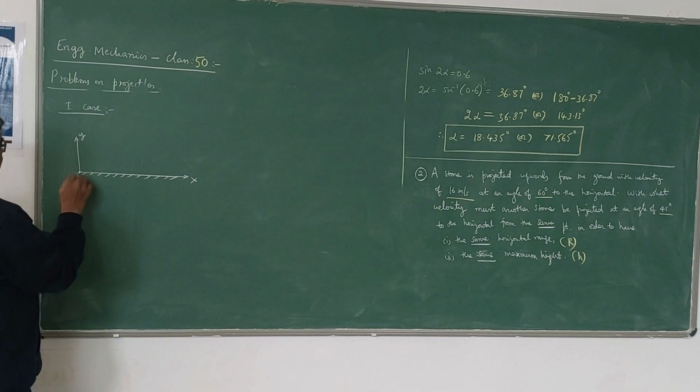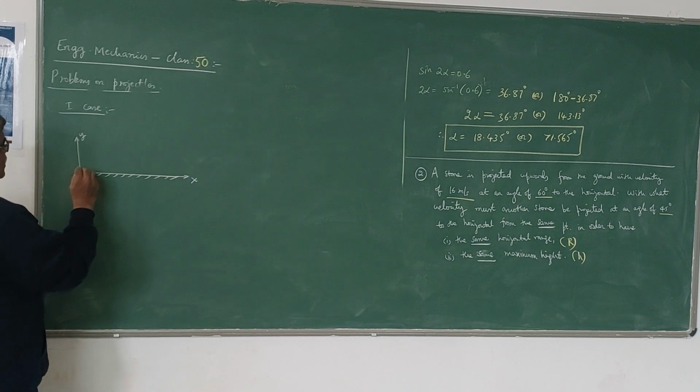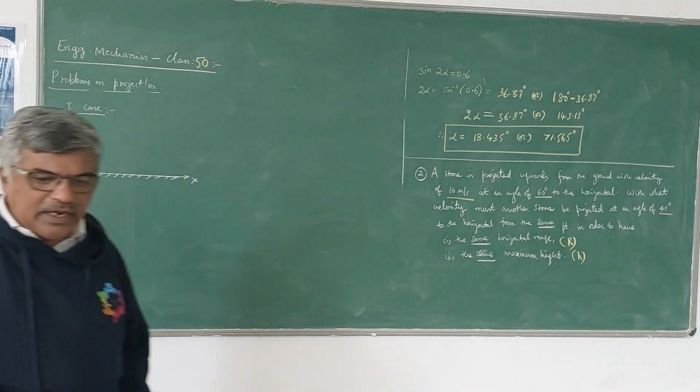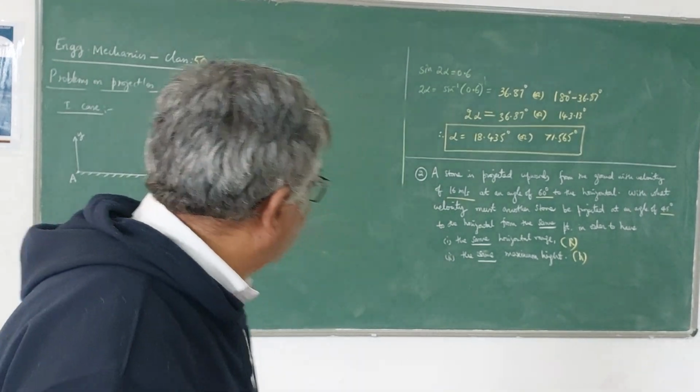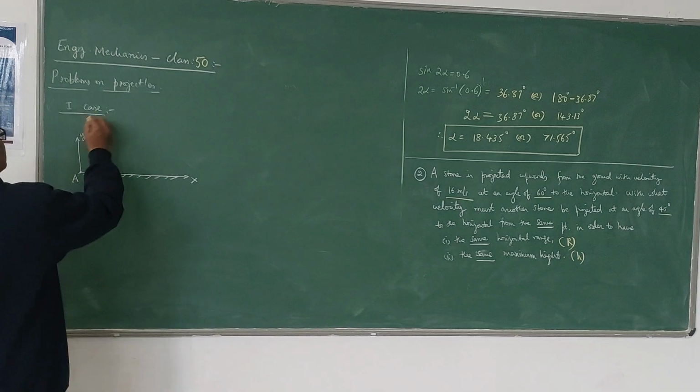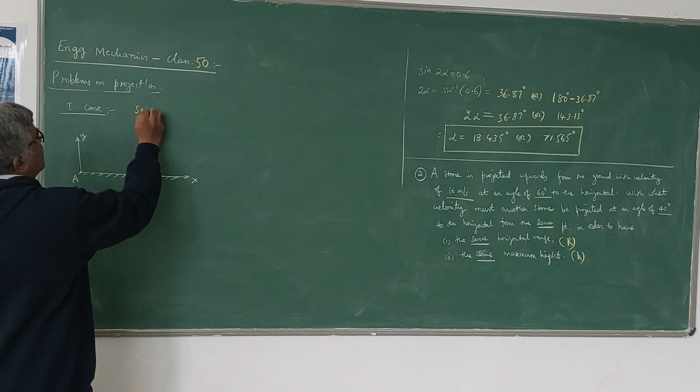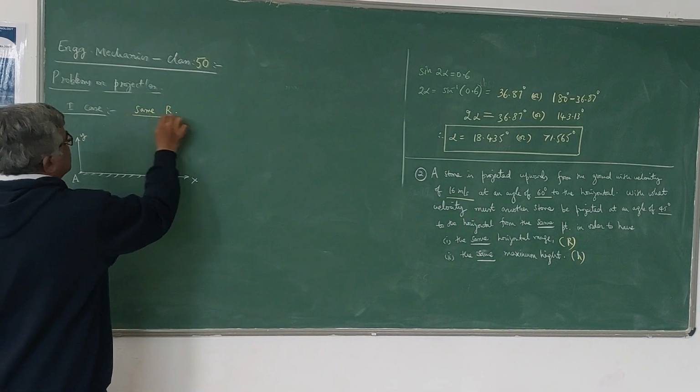First stone, A is the point of projection. First stone is projected at an angle of 60 degrees. So first case is same R. Range value is same for both the stones.